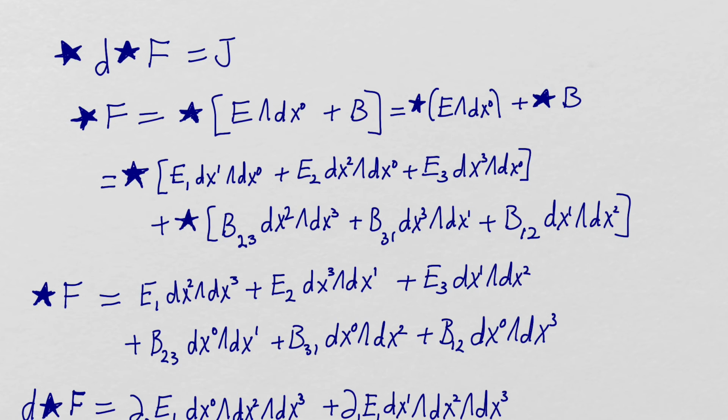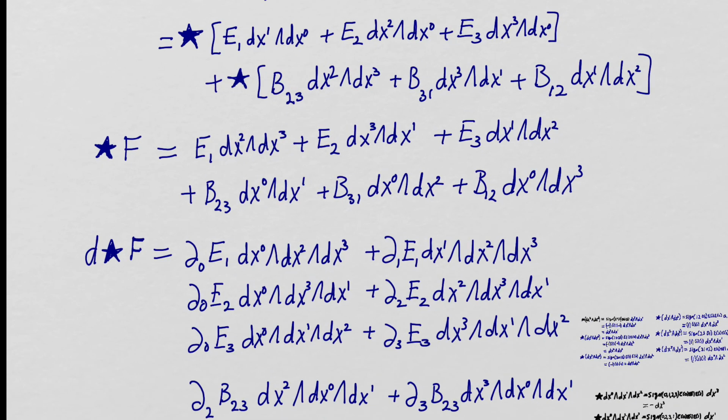So we now can blow this up, right? E wedge dx0 is E1 dx1 wedge dx0 plus E2 dx2 wedge dx0 plus E3 dx3 wedge dx0. And we're now looking for the Hodge dual of that. Then I substitute in our form of B right here, and we're looking for the Hodge dual of that.